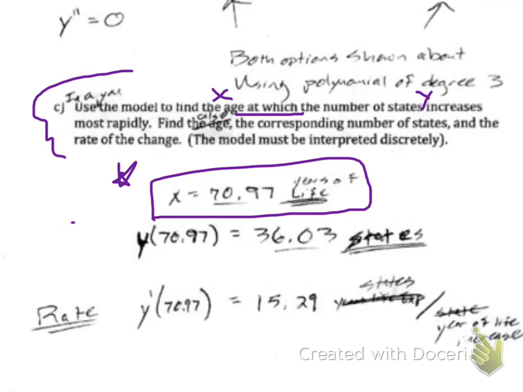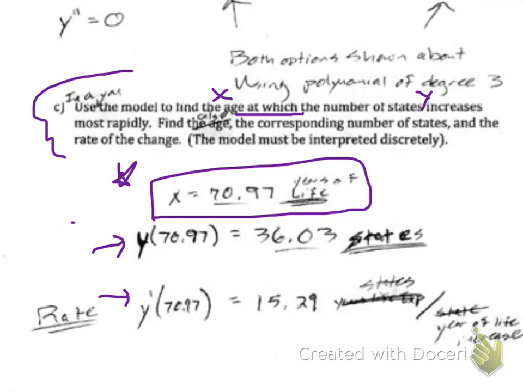It says find also the corresponding number of states and the rate of change. So for the corresponding number of states, just plain number of states, I'd be putting 70.97 into the y function, my original model. So use any calculator device, use anything that could help you calculate that. And then it says find the rate of change at that place. So that'd be putting that 70.97 in the first derivative and getting that.